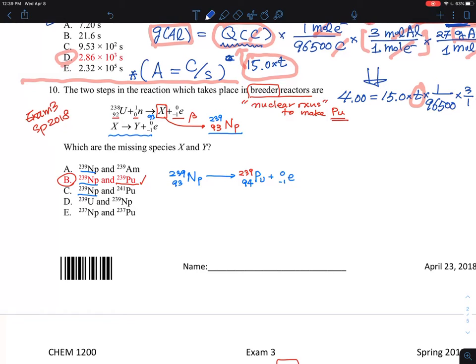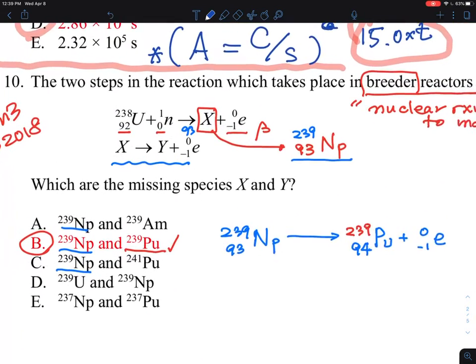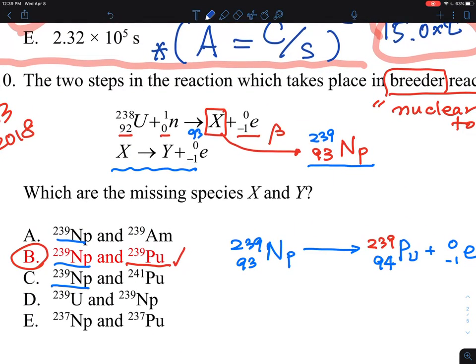The first one, X, I'm going to blow it up. If you look here, 92 protons with 0 protons, and it is emitted by a beta ray, which is a -1. So you need 93 protons on the X side. Okay?